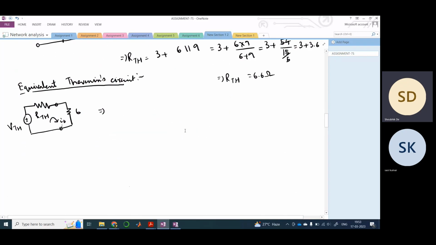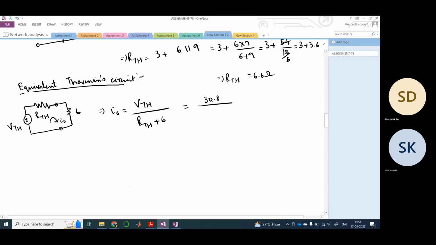So therefore I0 would be VTH divided by RTH plus 6. So therefore this is how much? This was 30.8. This is 6.6 plus 6. So this is 30.8 divided by 12.